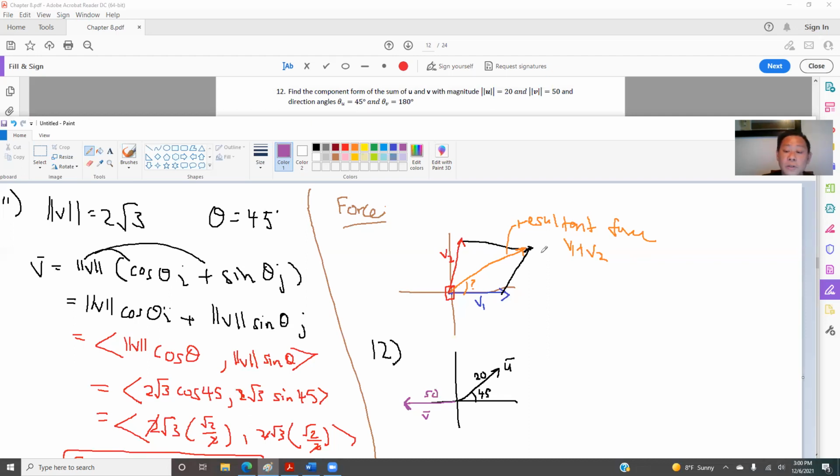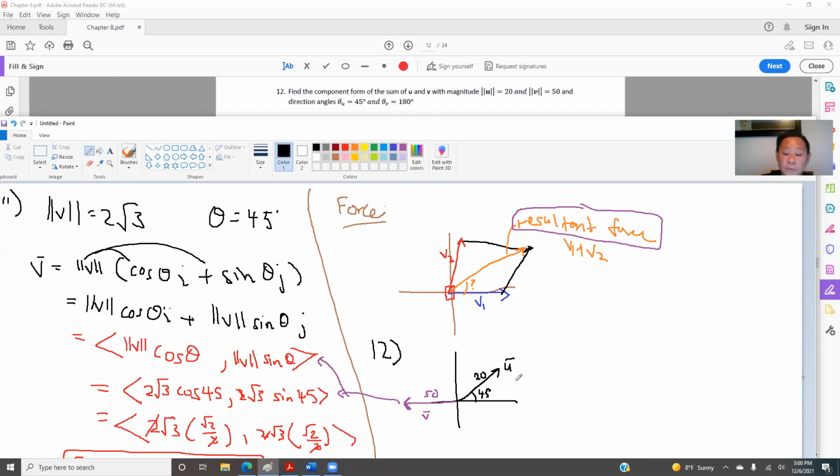Okay, so you need to find the sum. Sum means the resulting force. So how do we find the resulting force? First, you have to write this in the form of U and V. This is the formula that we use.